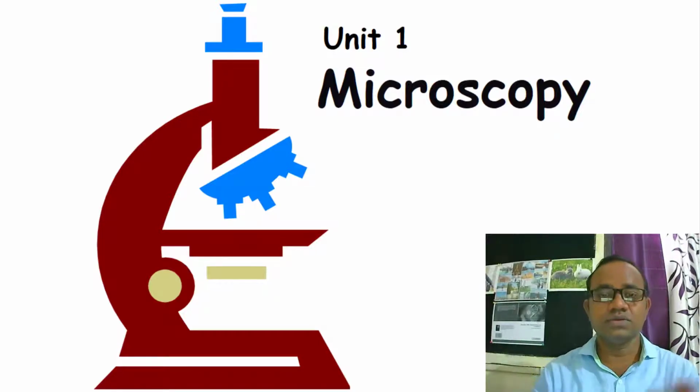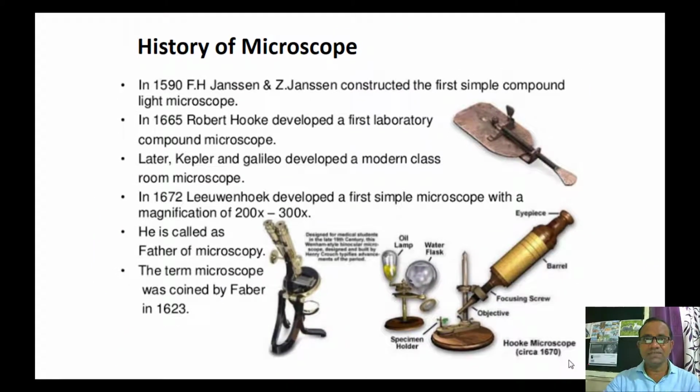Okay, dealing with its history, several different types of microscope have been created in the past. In 1590, Jansen and Jansen constructed the first simple microscope. Then Robert Hooke developed the first laboratory microscope.